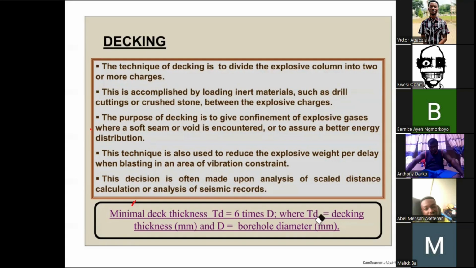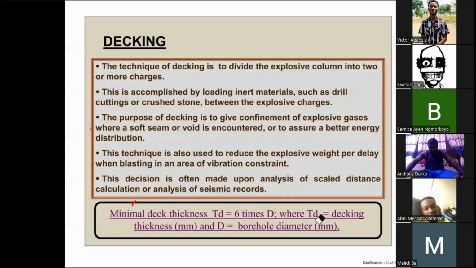So the key, paramount parameter here is free face blasting. You need the free face. We have the first one, where radial cracks are developed. When you blast, the compressive wave will propagate outward from the hole, the source, until it reaches a free face.